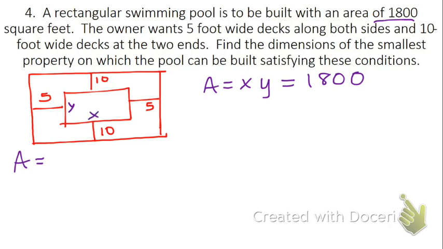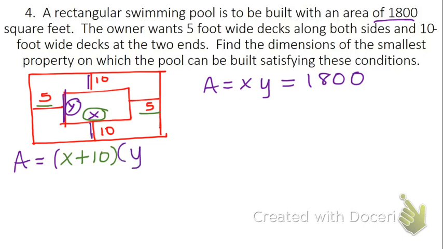So the area of the entire property, if I look at just where the X is, it would be X and then 5 and 5. That's how long the total thing is. So that's X plus 10. If I look at the Y, we have this Y, but then there's also this 10 and this 10.